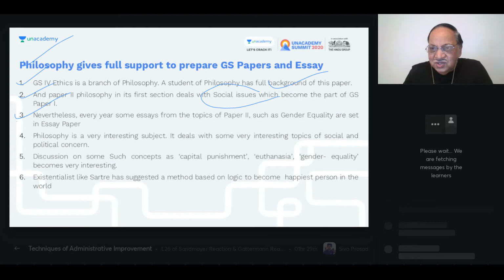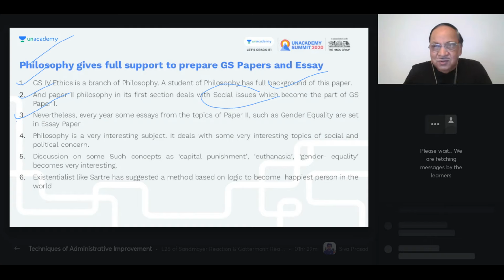But there should be two things you always remember in preparing an optional: whatever coaching you take help from, the matter and contents must be, number one, authentic, and number two, all core factors must be there in your notes. If any one of these two lacks, be sure you cannot get high marks.